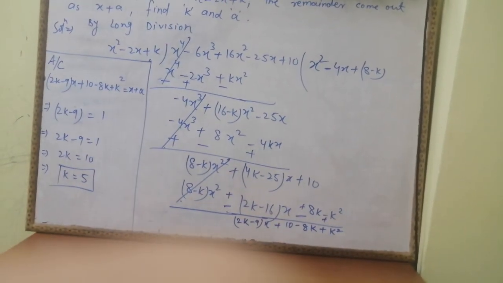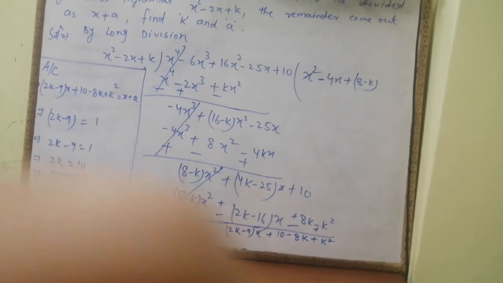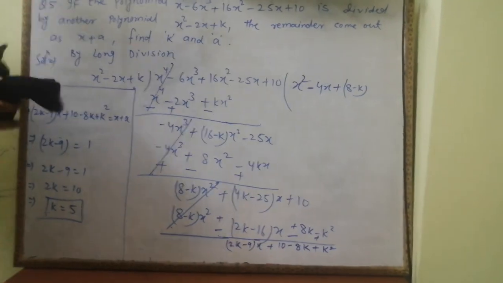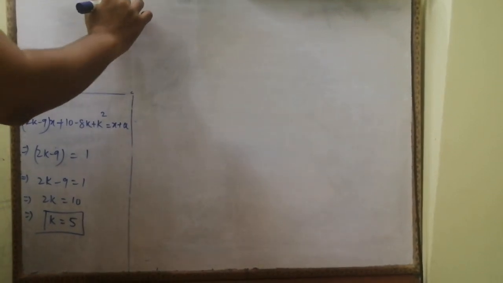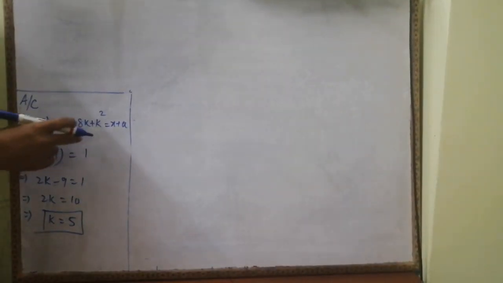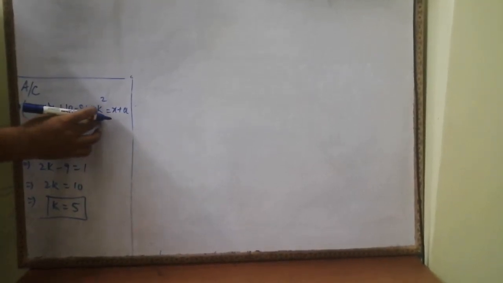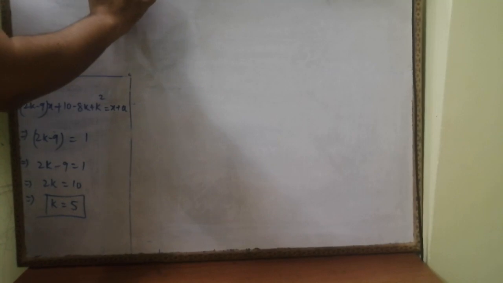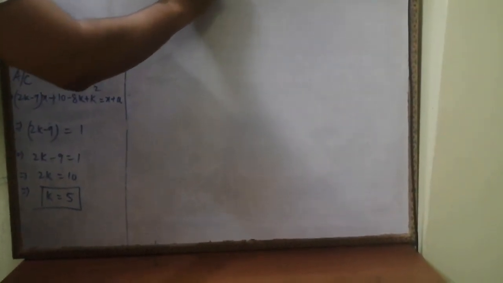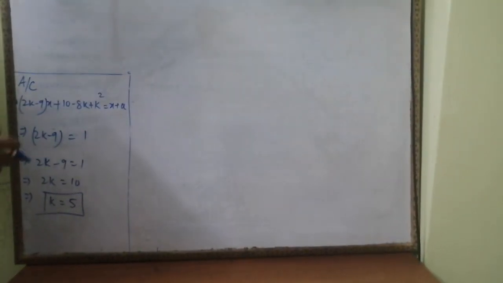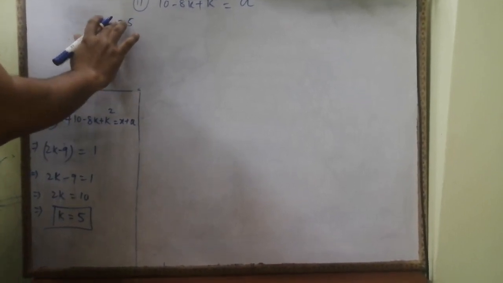After the value of k, we will find out the value of a. For this we need to remove the written part. Now for the value of a, we compare the constant term with a. So 10 minus 8k plus k square is equal to a. Put the value of k here, k is 5.